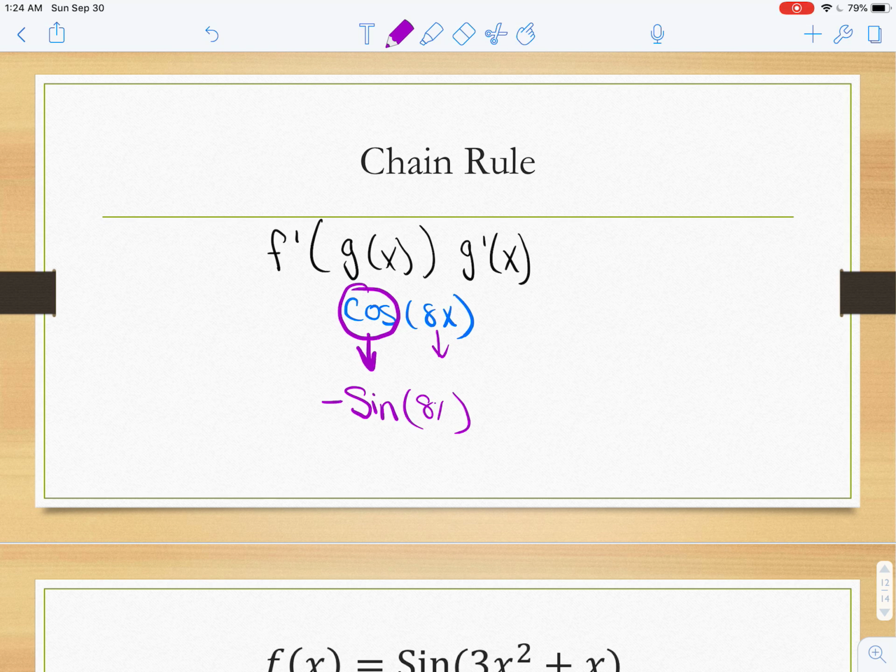We can also bring this 6x plus 1 to the front. So we would also have 6x plus 1 cos 3x squared plus x equals our f prime of x.